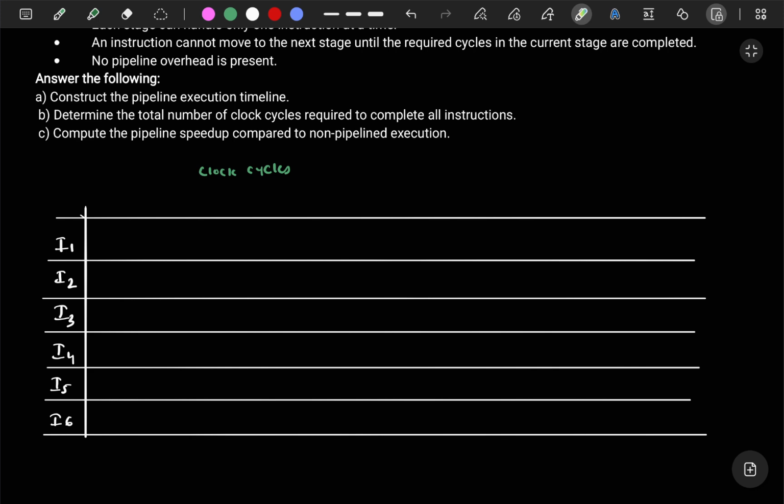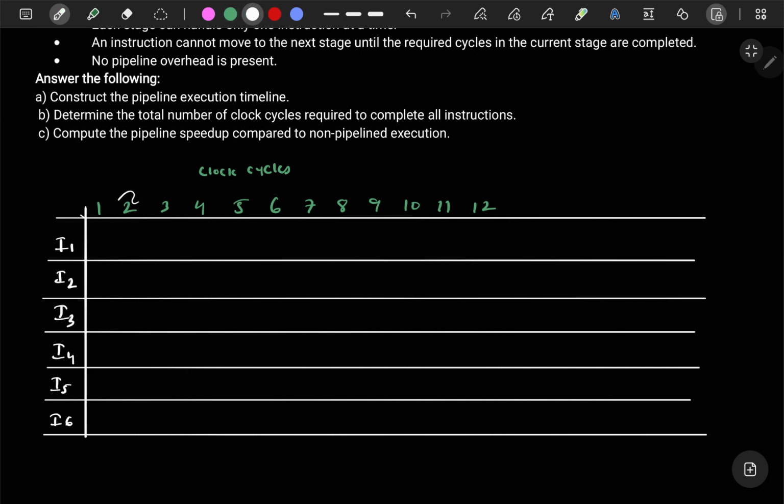While solving, if we find that more clock cycles are required, we keep adding columns. So at the beginning put some clock cycles: 1, 2, 3, 4, 5, 6, 7, 8, 9, 10, 11, 12. If more are required, we will put more.